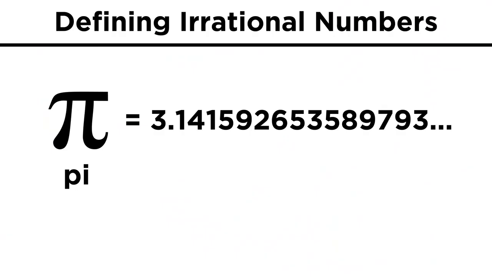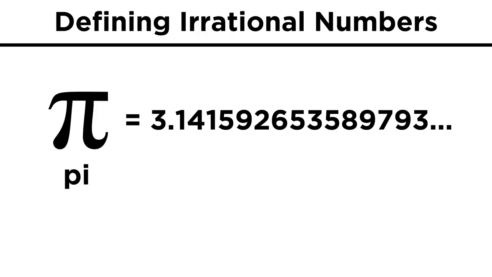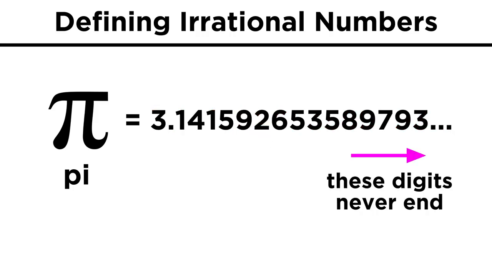Other irrational numbers include pi, which is the ratio of the circumference of a circle to its diameter. We all probably know the first few digits of pi, which are 3.14159, yada yada yada. Again, this number never ends, with no pattern whatsoever in the digits. And it's not for lack of trying. Mathematicians have checked.